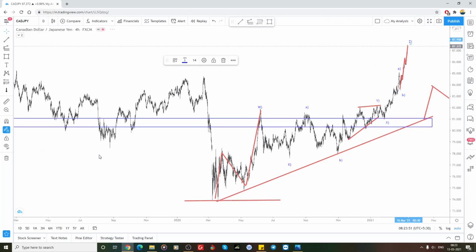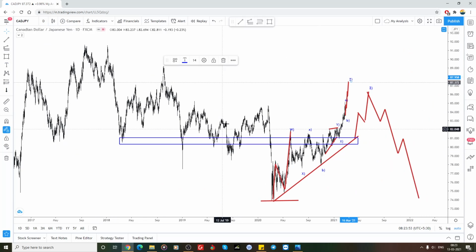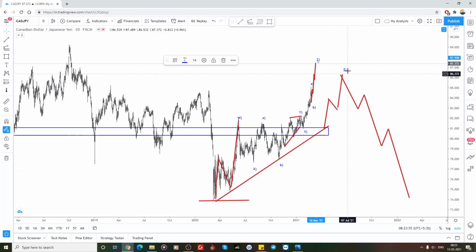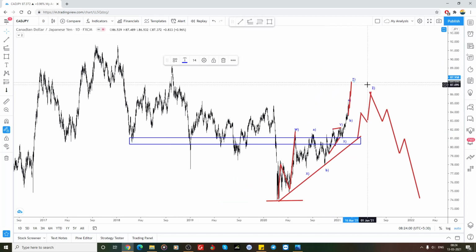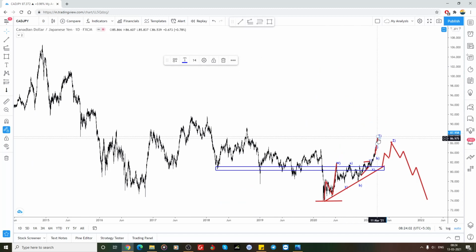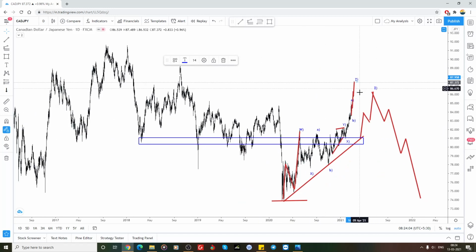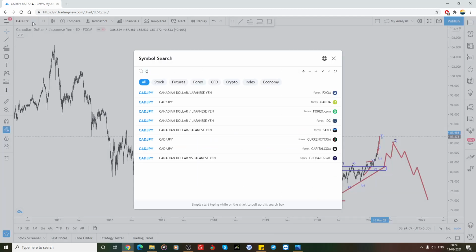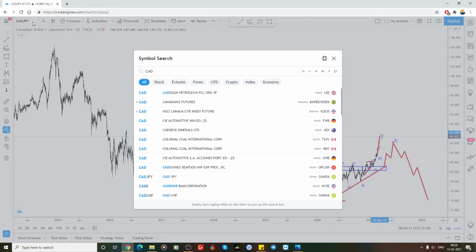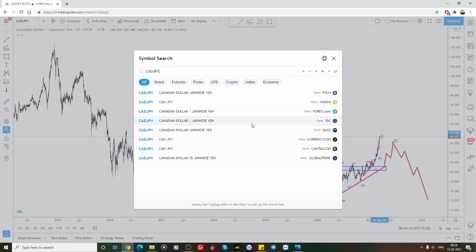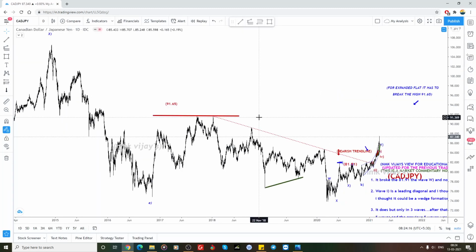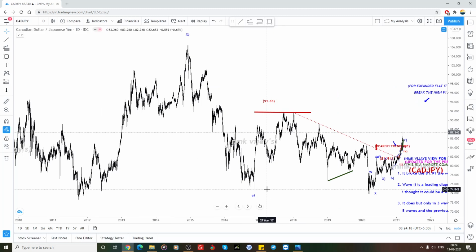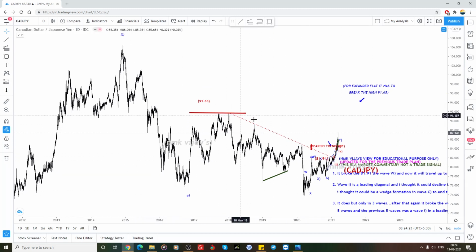So let's see, right? From here, what I expected previously was the move to 86. It's already reached 87.5, and it's a previous resistance zone. So it could break this. CAD JPY wise, this is the A, so we are in that B wave structure.